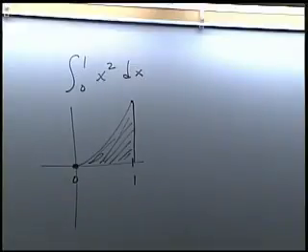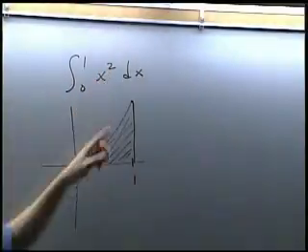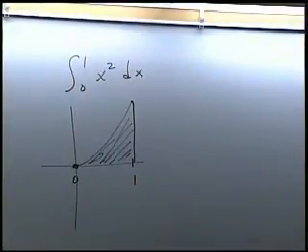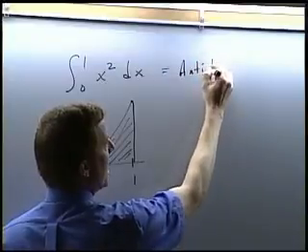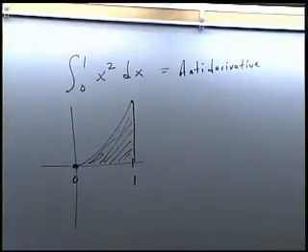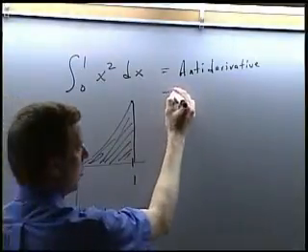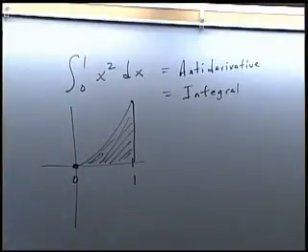Okay? Well, if we have a function, or at least with some nice functions like this one, we can find this value exactly using calculus. Okay? Now, I have been referring to this a lot as an antiderivative. Another word that can be used that I think I've thrown in once or twice, we also call this an integral.